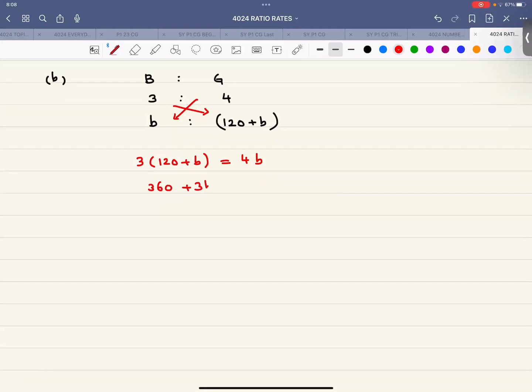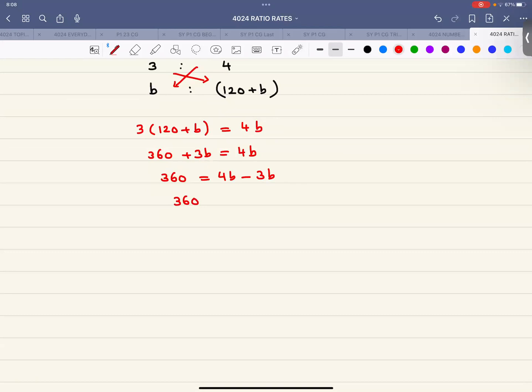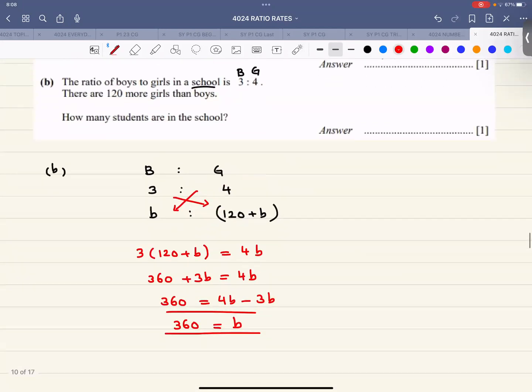360 plus 3B is equal to 4B. 360 equals 4B minus 3B. Therefore, 360 is equal to B. That's how many boys there are. And how many girls are there?